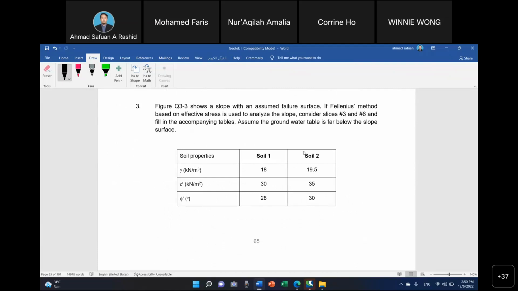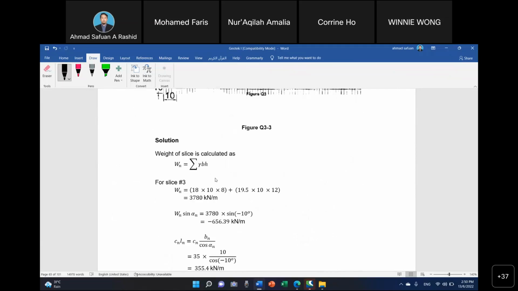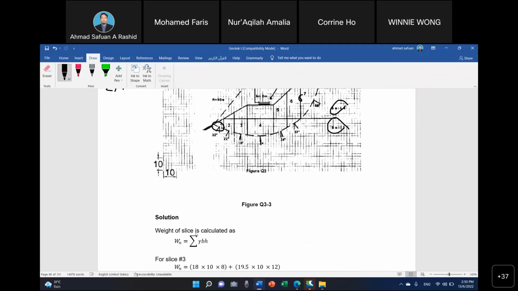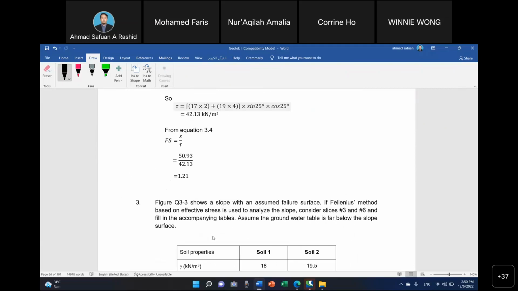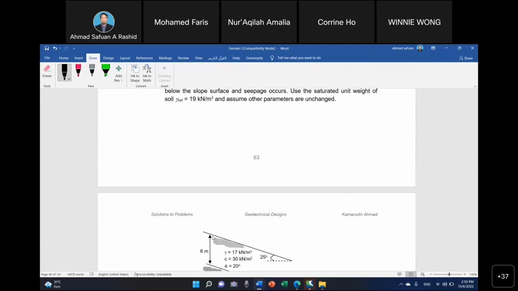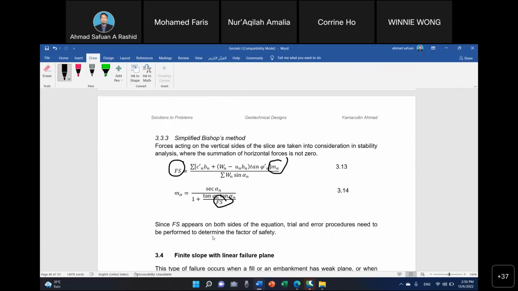We have two soil parameters. The weight of the slice is calculated based on gamma times B times H. You need to look at the full equation.